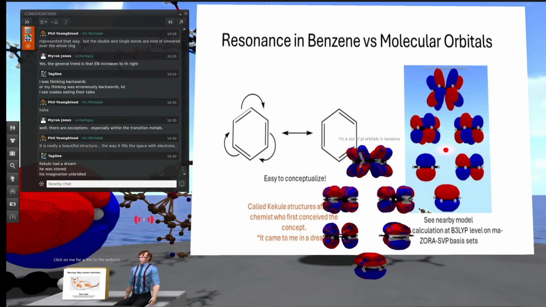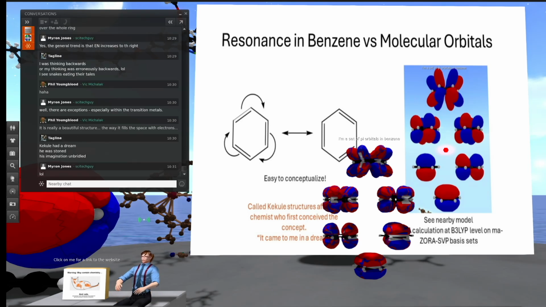Okay, but I made a 3D model using molecular orbital calculations. If you zoom in on it, you can see the lowest little thing that looks like a hamburger. It's got a pair of electrons in it, representing where a pair of electrons can go. And you can see that that pair of electrons is really smeared out amongst all 6 of the carbon atoms.